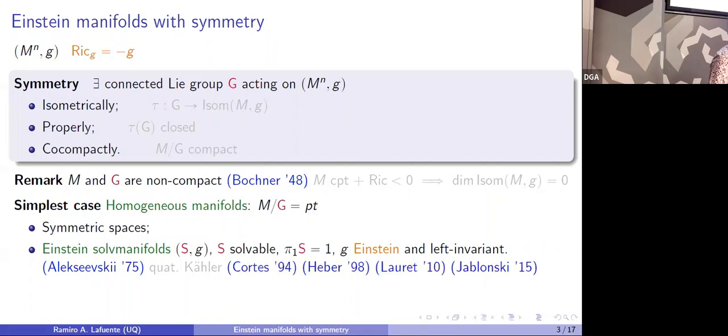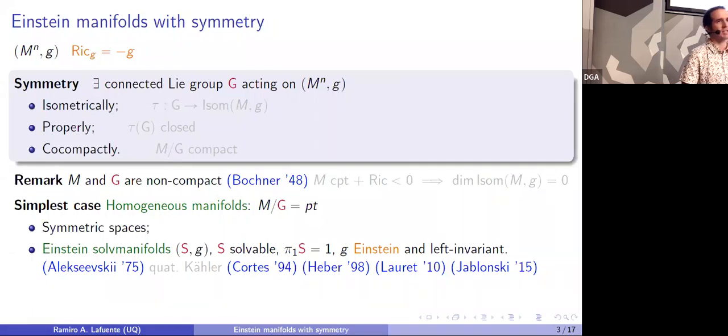And then they were studied by a number of people. I couldn't mention everyone, so I just decided to mention the most important papers. The classification of these quaternionic Kähler Einstein solvmanifolds was completed by Vicente Cortés. And then without the quaternionic Kähler assumption, just purely studying the Einstein equation on left invariant metrics on solvable Lie groups, there's a seminal paper by Jens Heber in Inventiones, 70 pages, and he proves a lot of very interesting results.